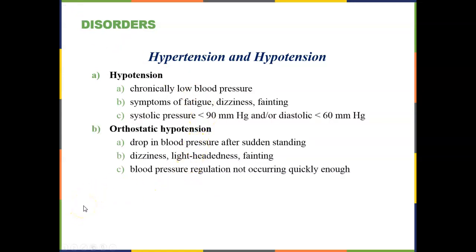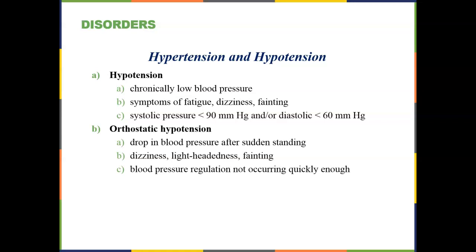Hypotension then is chronically low blood pressure, where systolic is below 90 or diastolic is below 60. So with low blood pressure, you're more prone to fatigue, dizziness, and fainting. You're not getting enough nutrients to those organs. Orthostatic hypotension is a drop in blood pressure due to a change in position of the body.